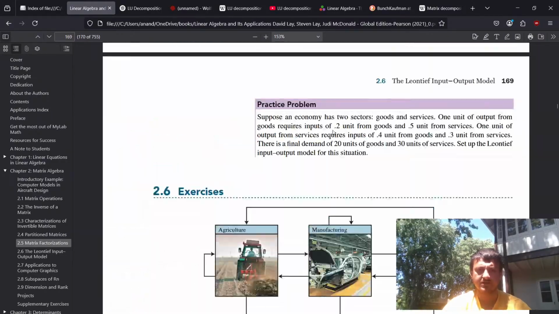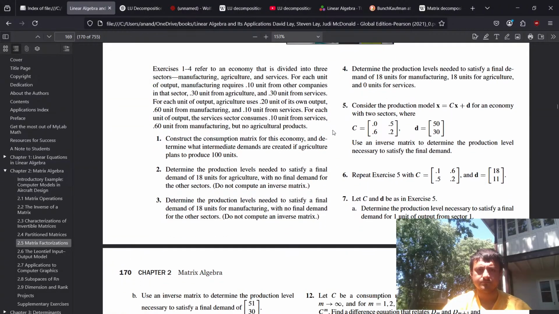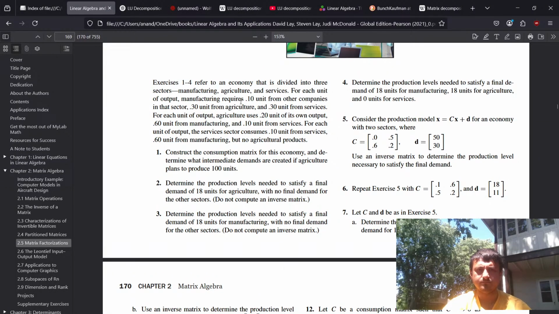All right, so let's look at some of these problems. Yeah, let's look at that.